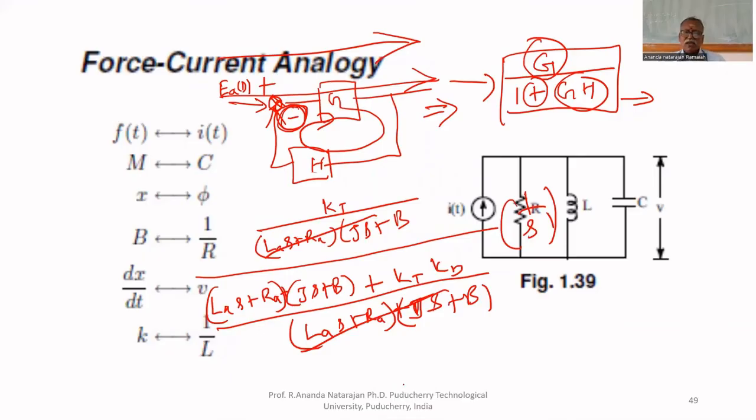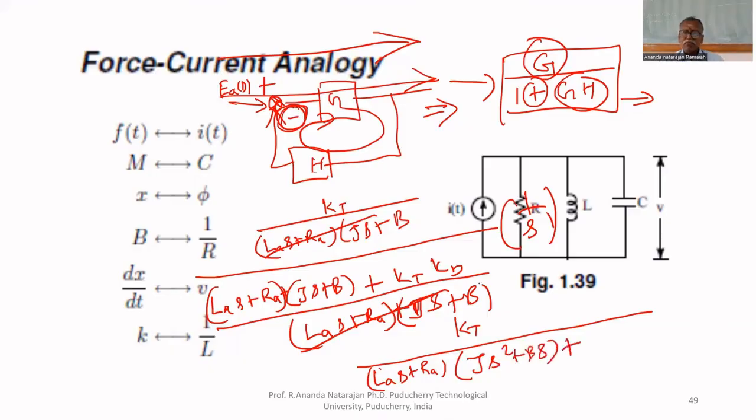So what you will get here is KT upon LAS plus RA. If you bring that S here, you will get JS square plus BS plus, if you bring that S to this also, KT KBS.